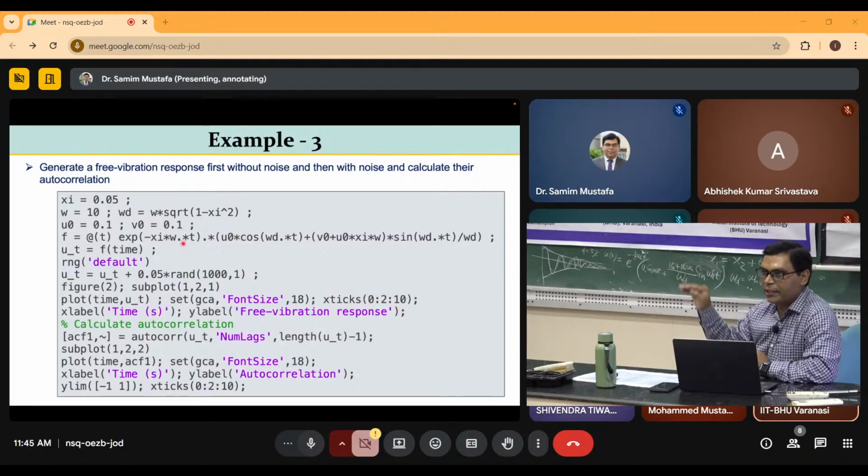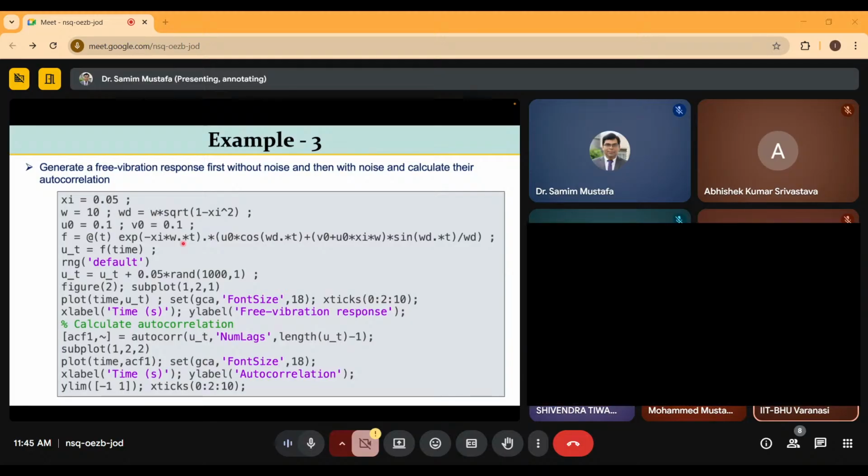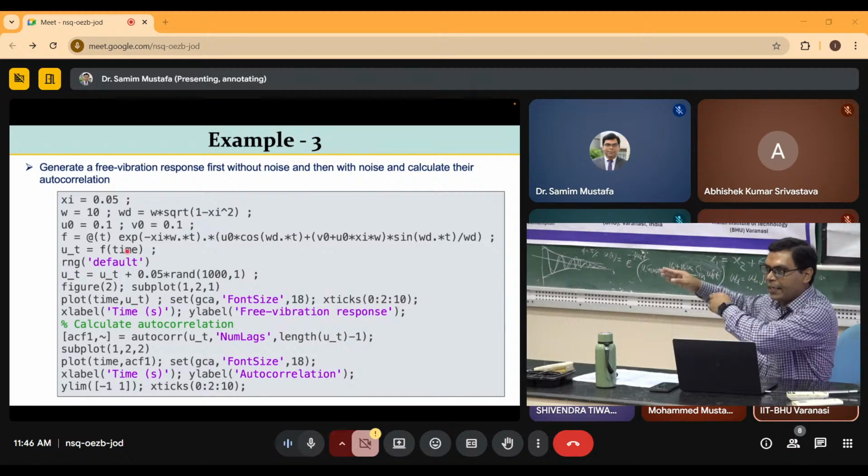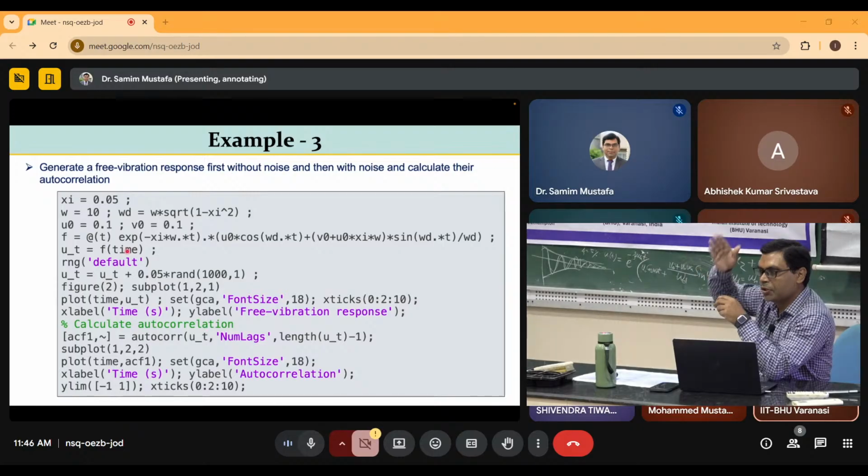One at a time. Now, suppose T is, here I forgot to write time. Time is, for example, 10 seconds. So you create a time vector from 0 to 10 seconds with a sampling frequency of 100. First will be 0, then 0.01, then 0.02, up to 10 seconds.